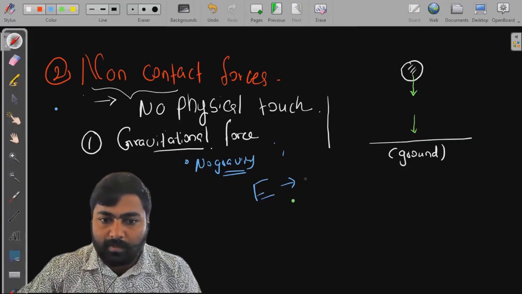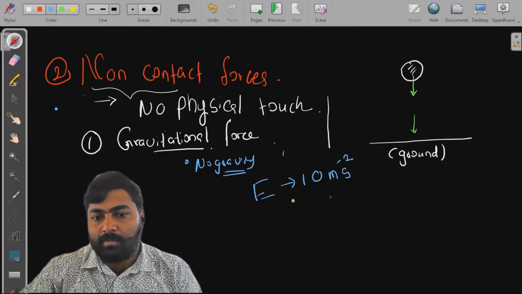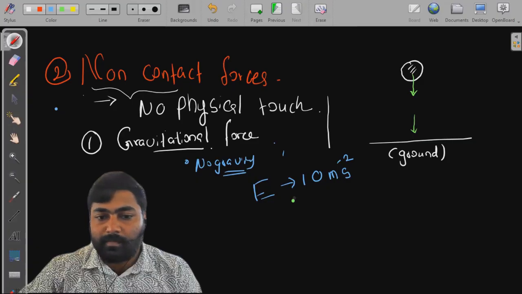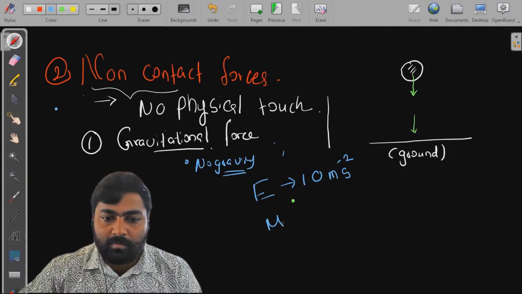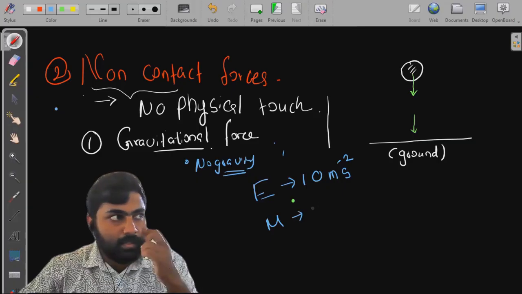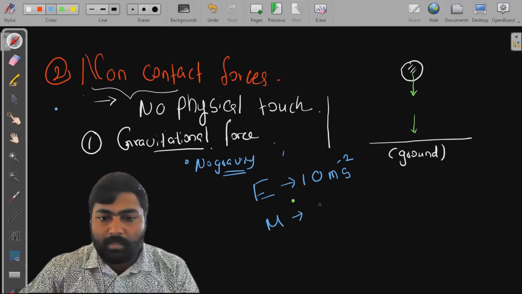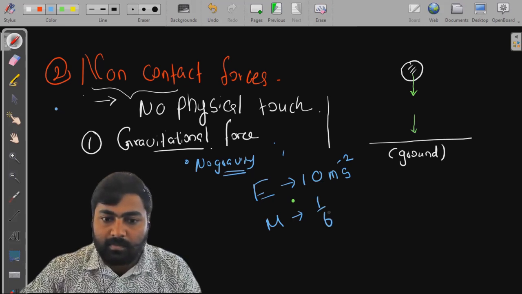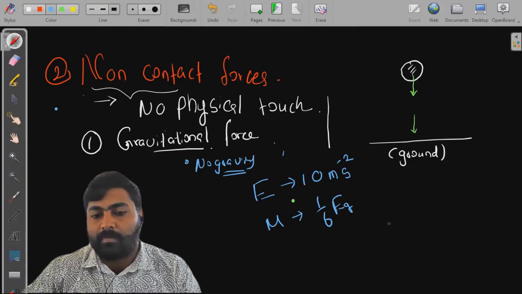On the Earth's surface, gravitational acceleration is around 10 m/s². On the Moon, we usually say it is around 1/10 of Earth's gravitational force.